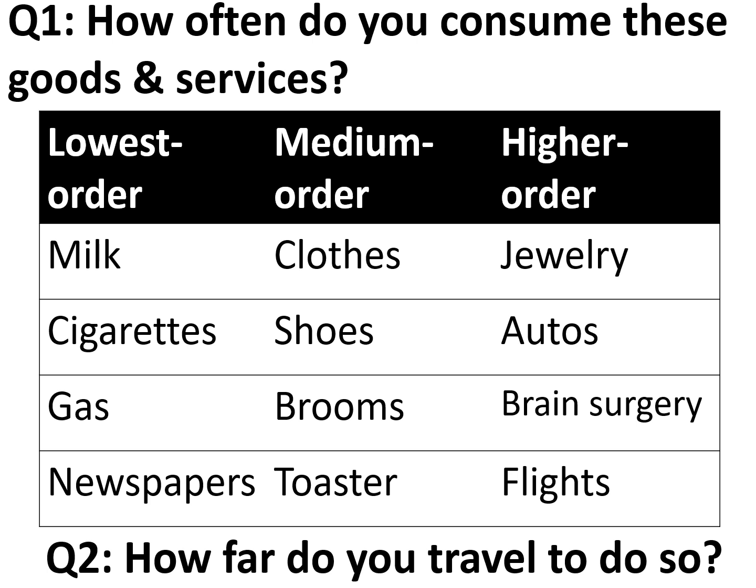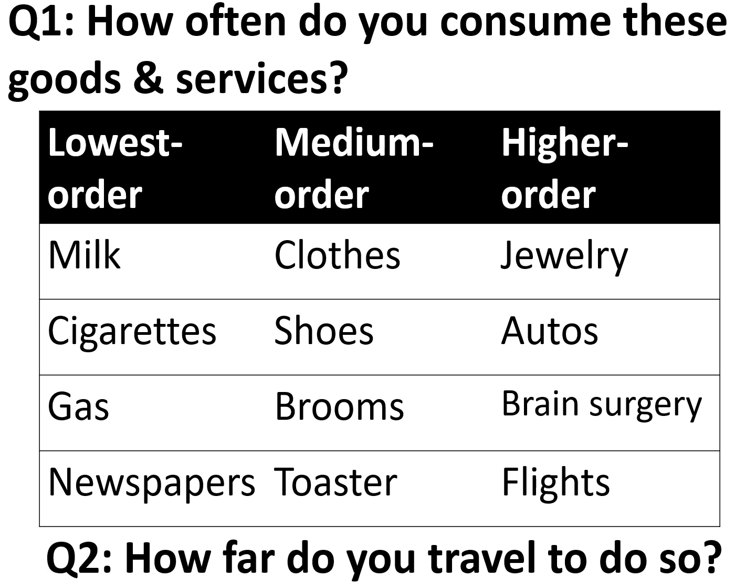So if you go to the dentist regularly, at least twice a year to get your teeth cleaned, we might stick dental care, dental hygiene, into this medium order category. And then higher order goods and services are those which you consume very rarely, and frequently, but not always, they last for a relatively long time.